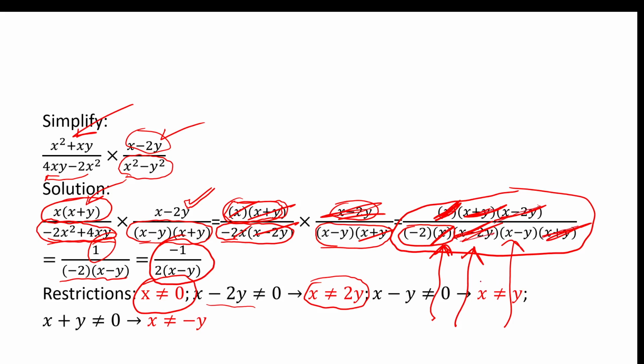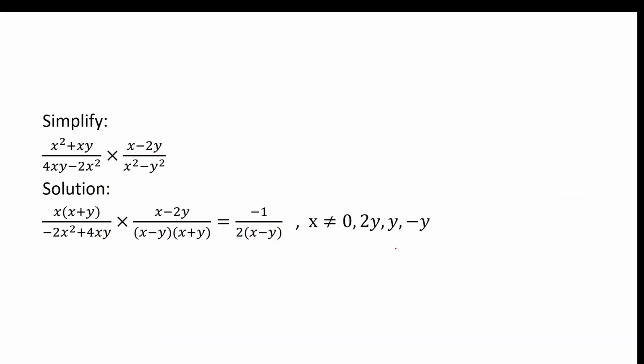Since x minus y can't equal 0, that means x can't equal y. And then a fourth factor here of x plus y. Since x plus y can't equal 0, that means x cannot equal -y. And so our final answer becomes this circled quantity here with the 4 circled restrictions. And that's what's shown on the screen in front of you.